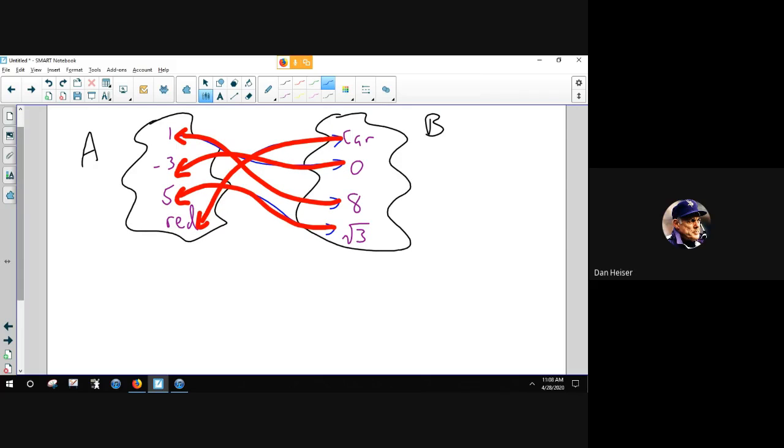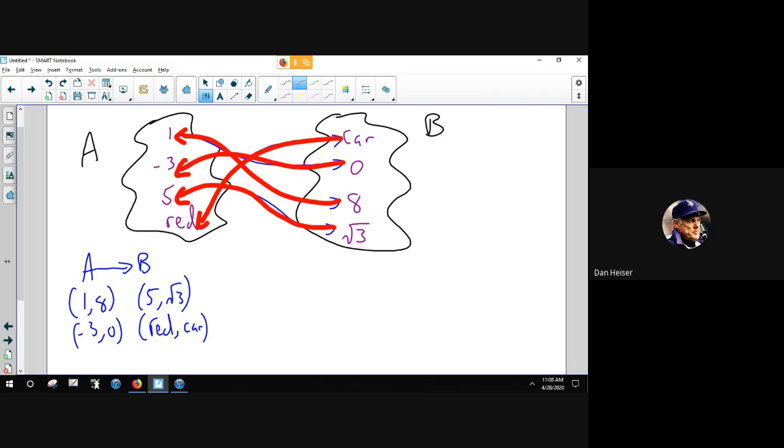So if we look at our original function, A going to B, sometimes we say this is A mapping to B. That's the more technical term. We can write these as ordered pairs. 1, 8, -3, 0, 5, square root of 3, and red, car.